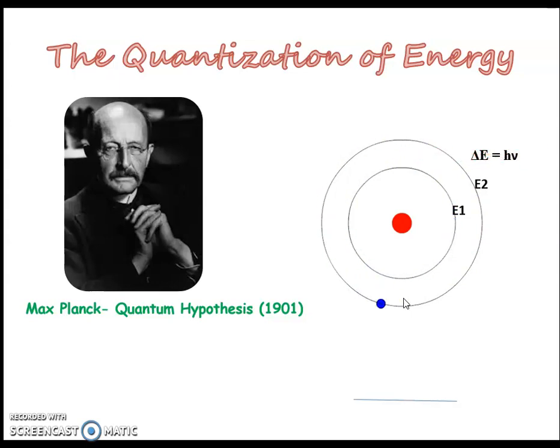That is, a radiation of frequency nu having h nu energy would be needed for the electron to excite from E1 to E2, or an energy h nu will be emitted by the de-excitation of the electron from E2 to E1. The first transition leads to an absorption spectrum and the second leads to an emission spectrum.